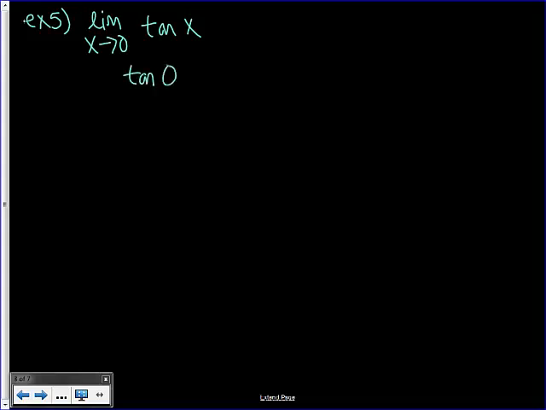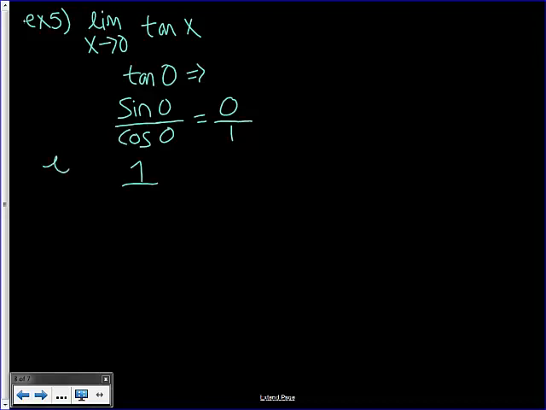So tan of 0, well, that's 0. But for those of you that don't remember, tan is equivalent to sine over cosine, right? So that means the tan of 0 is equivalent to sine of 0 over cosine of 0. Sine of 0 is 0. Cosine of 0 is 1. So the limit as x approaches 0 of tan x is 0.